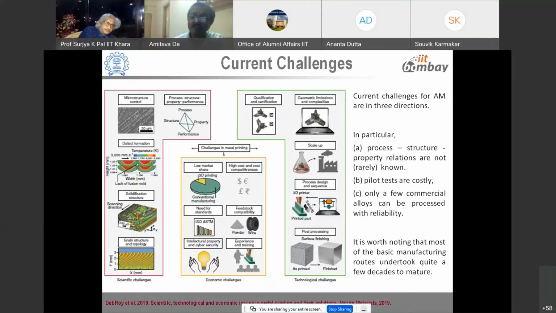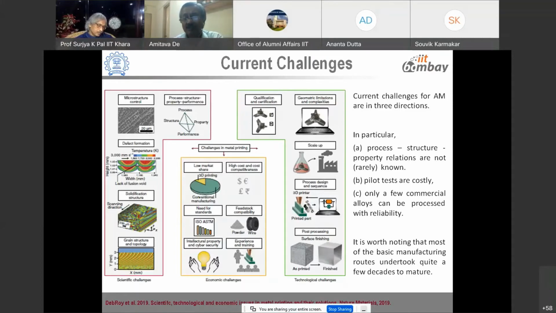We already know there are certain ISO standards if we want to do some welding. We already know there are certain DIN or JIS standards if we want to do some other casting, forming or anything. None of those are available here. So standardization of a process is a big task, because without that, the process cannot be established for civil use and so on.